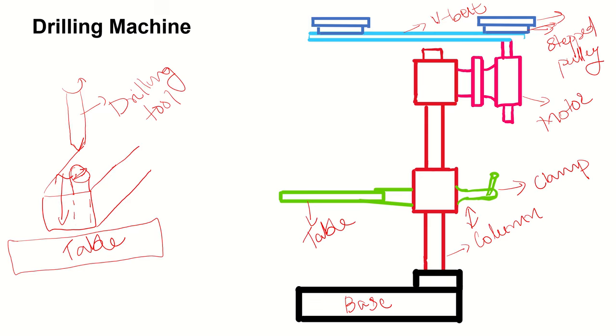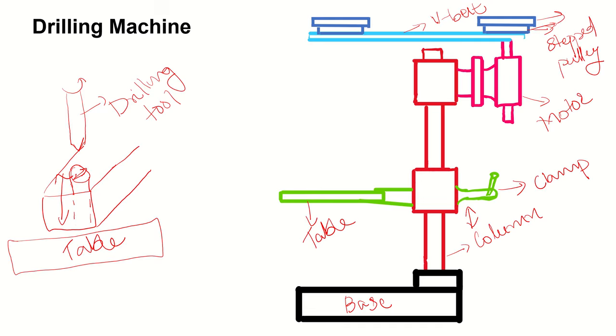Till now we have not talked about the drilling tool because it is attached to this particular arrangement. Immediately above the motor you draw the stepped pulley, connected with a V belt. Why specifically a V belt instead of a flat belt? Because a V belt has a V-shaped cross section and grooves so that it can tightly grip the pulleys, so the chance of slipping will be less compared to a flat belt. That is one of the main reasons V-shaped belts are used.